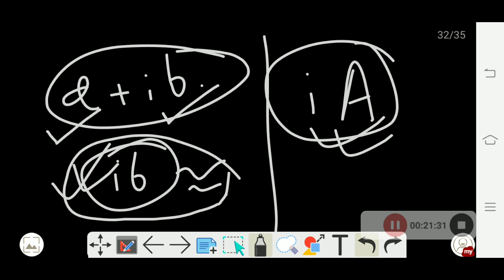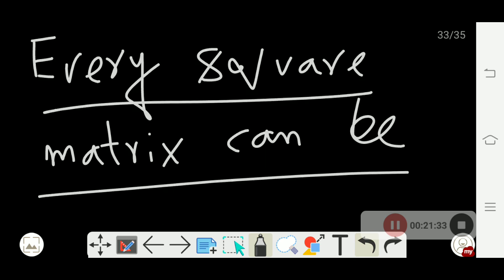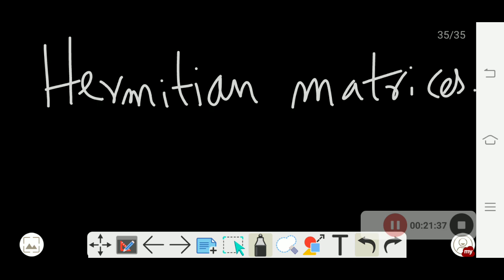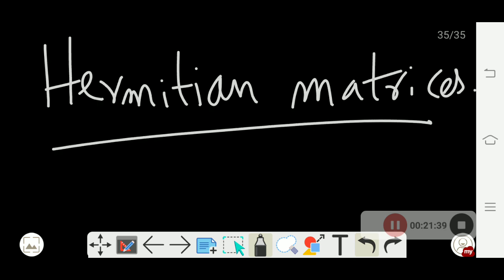Okay, so every square matrix can be expressed as R plus iota S, where R and S are Hermitian matrices.